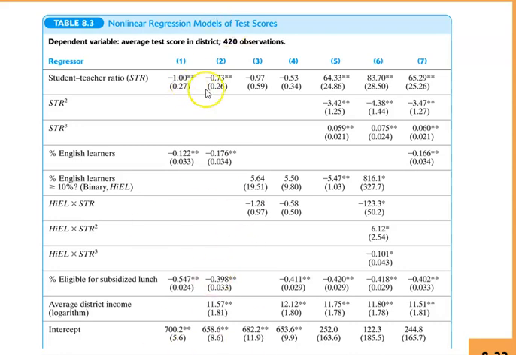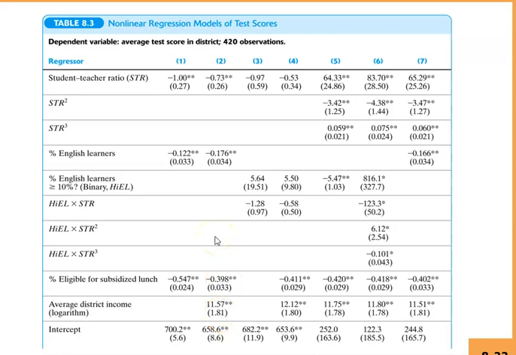So when I include that, you can see that some of the effect in the relationship between student-teacher ratio and test scores is taken away, and that might be the case because omitted variable bias might be reduced when you are including this average district income, the log of this, as one of the control variables.